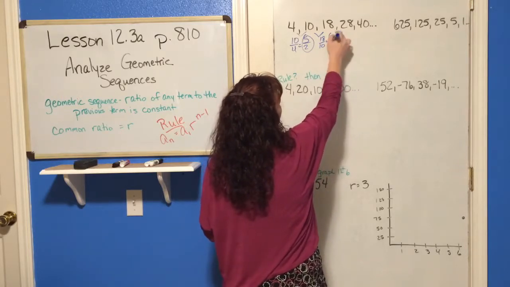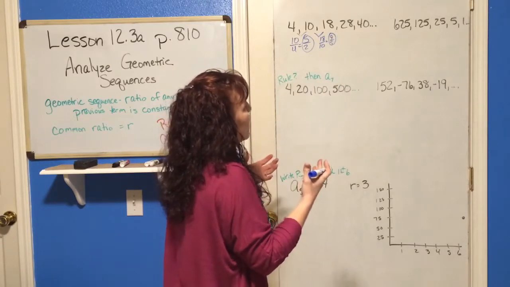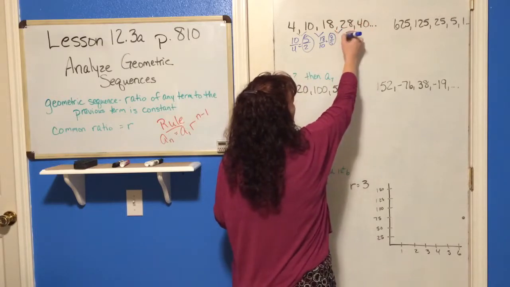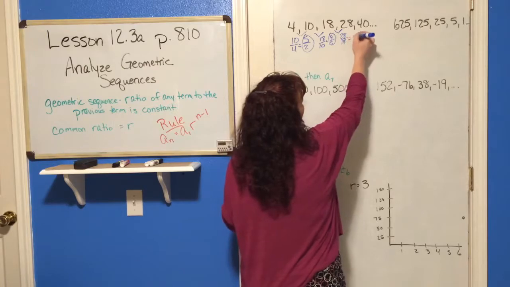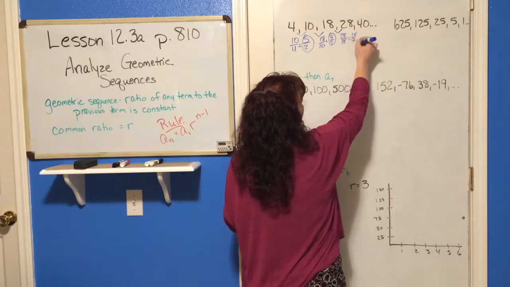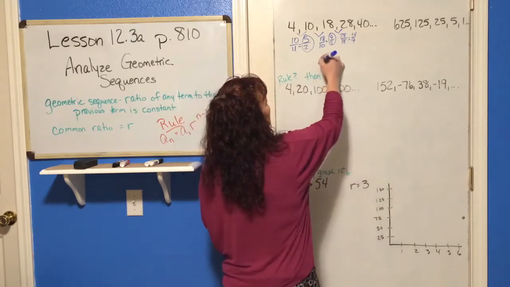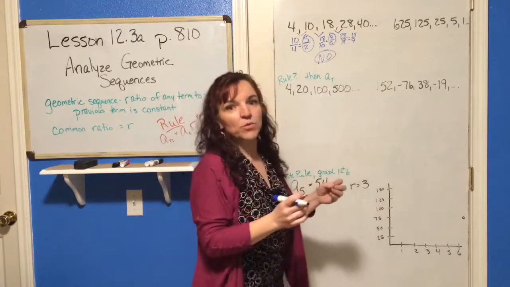And you could go on, but guess what? Once you find a couple that aren't, it might be a good idea to do one more just to see if maybe I did something wrong and I need to go back and check. Let's see, 14 to 9. No, this one is not geometric because there is no common ratio.